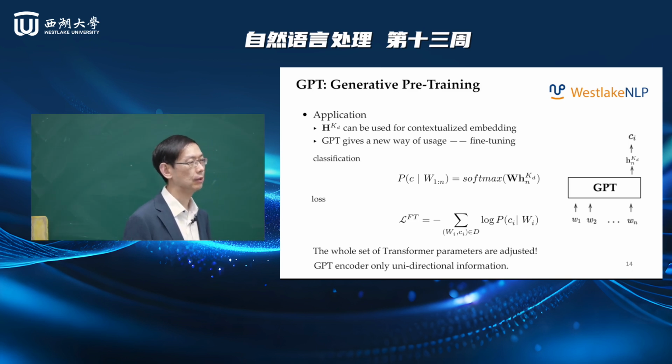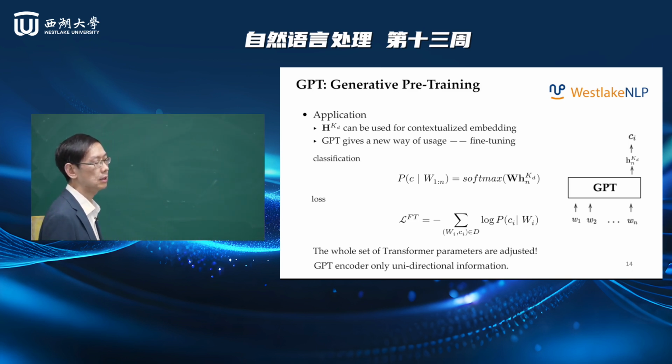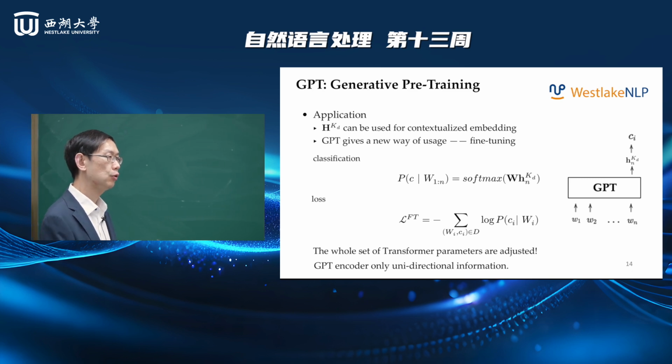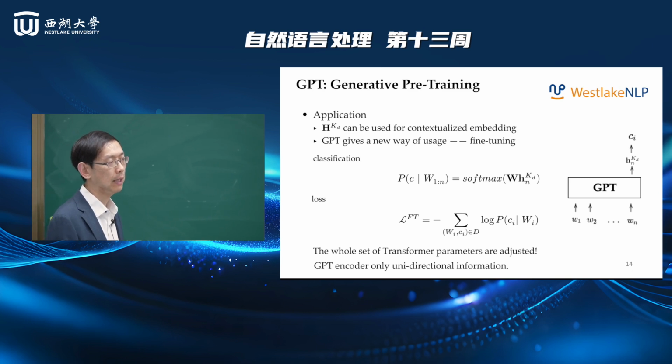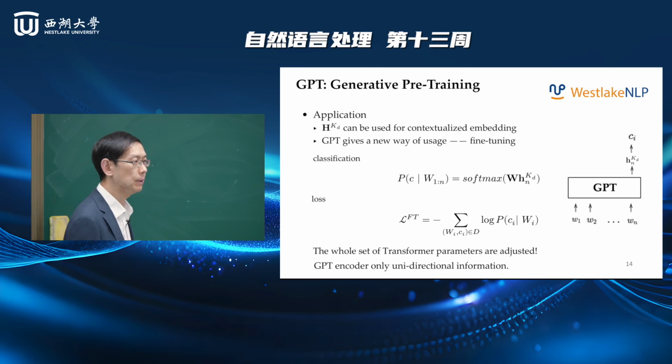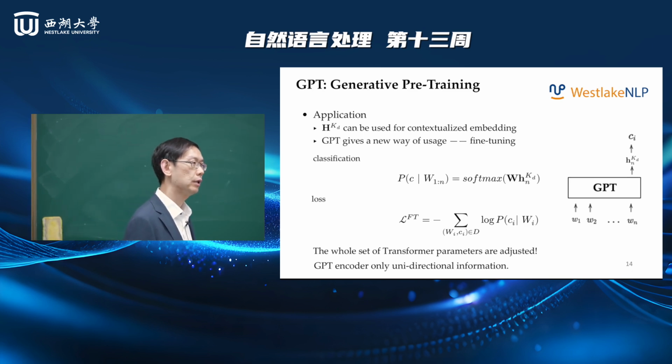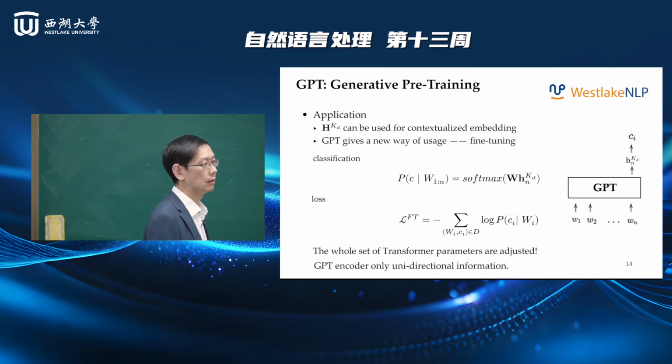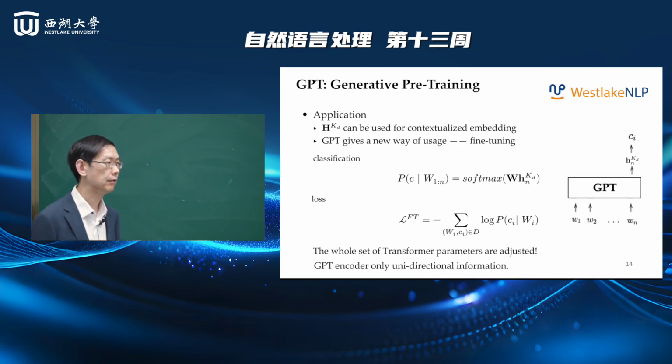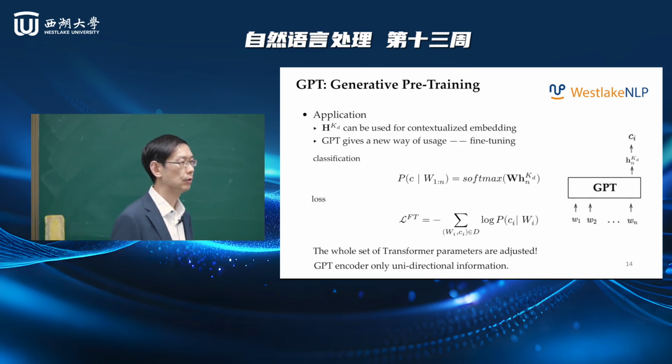This is called fine-tuning. And conceptually, this is very different from using Elmo, because when you use Elmo, you don't fine-tune Elmo. You just take the contextualized embeddings and use them. But for GPT, you treat the whole neural network, the whole transformer decoder, as the foundation of your text classifier, and you train the whole neural network.